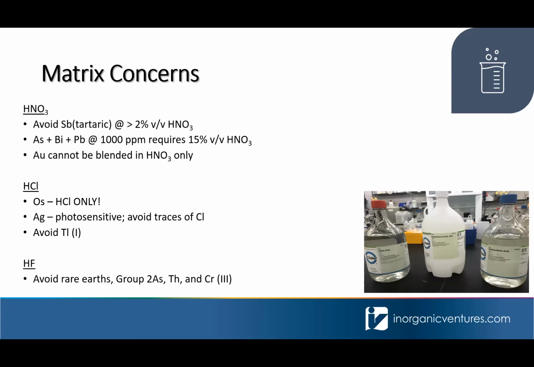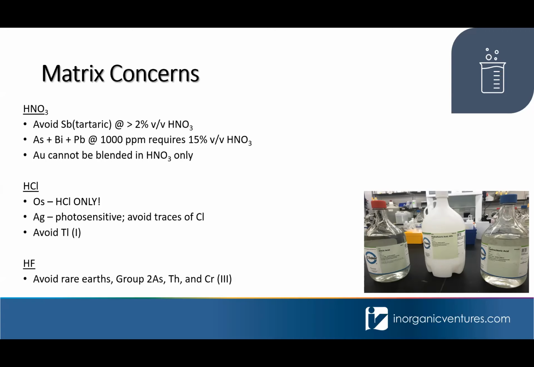So first, nitric. Nitric's the most commonly used matrix. So some key considerations here are antimony stabilized in tartaric acid. So with this type of stabilization, you want to keep the nitric matrix low. So we're saying less than 2% volume to volume from a concentrated nitric. What happens here is as the nitric concentration increases, it has a destabilizing effect on antimony.